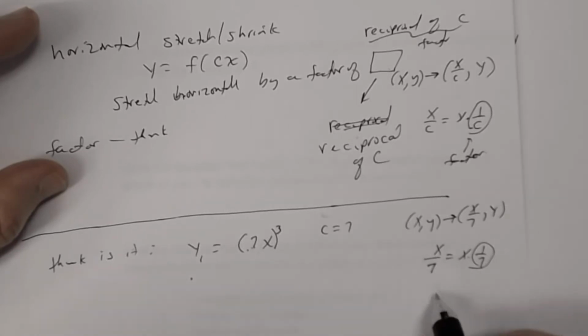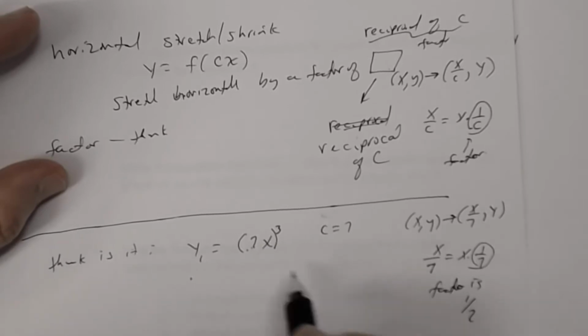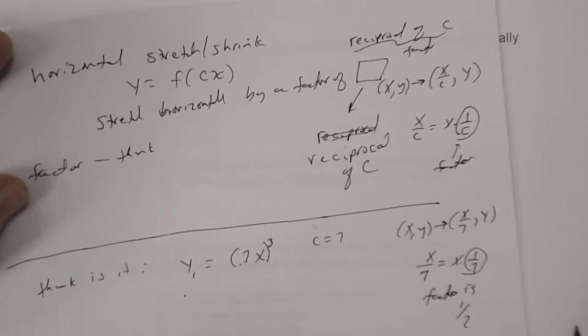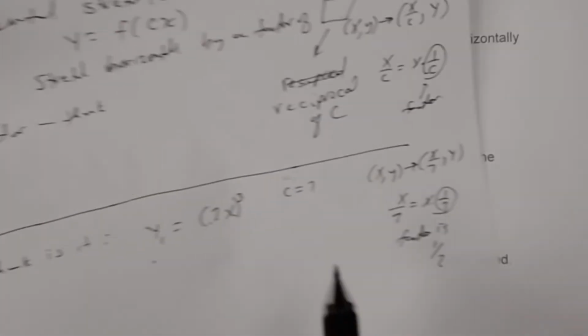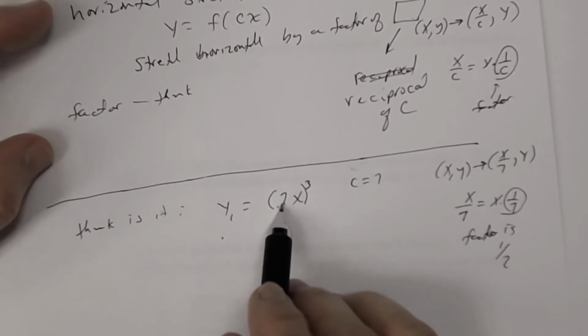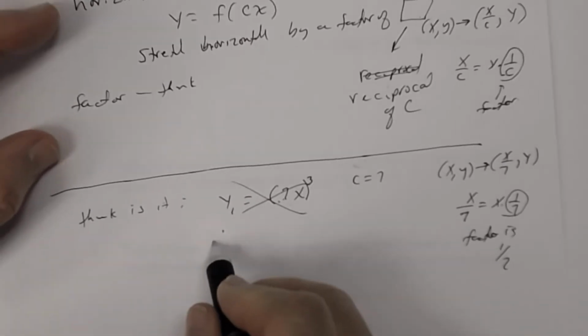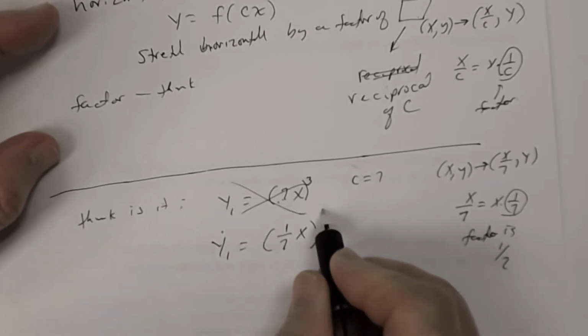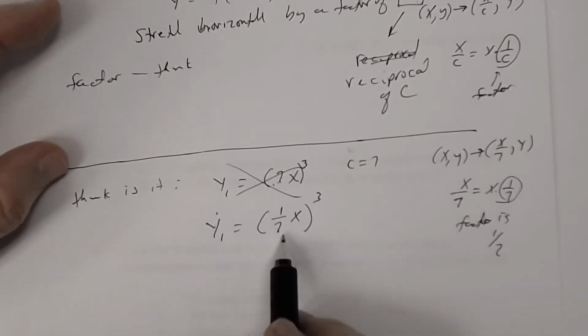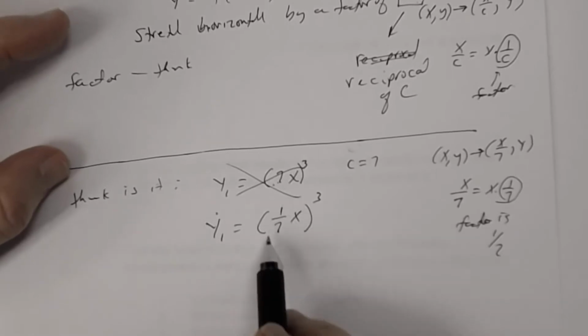But that's not what this says. So your factor is 1 over 7 if c is 7. Remember, you take the reciprocal. But you want your factor to be 7. So that means it cannot be 7 here. That cannot be right. So that means y1 is 1/7 x cubed, because if I take the reciprocal of 1 over 7, it is 7, and that's what that says.